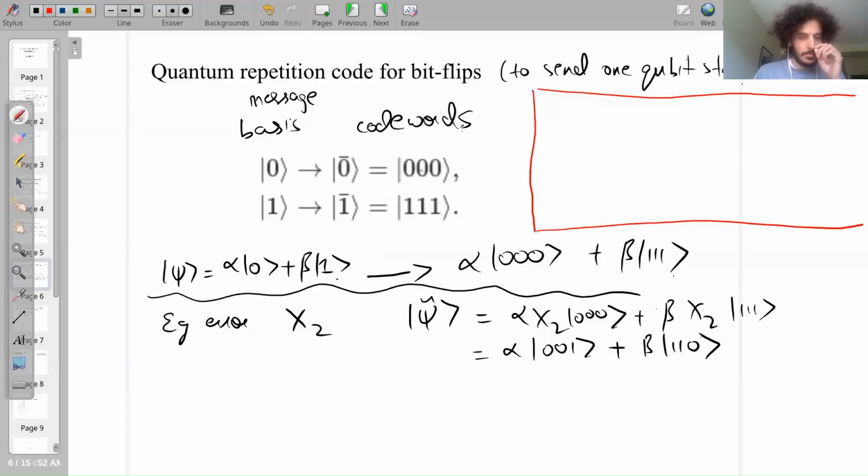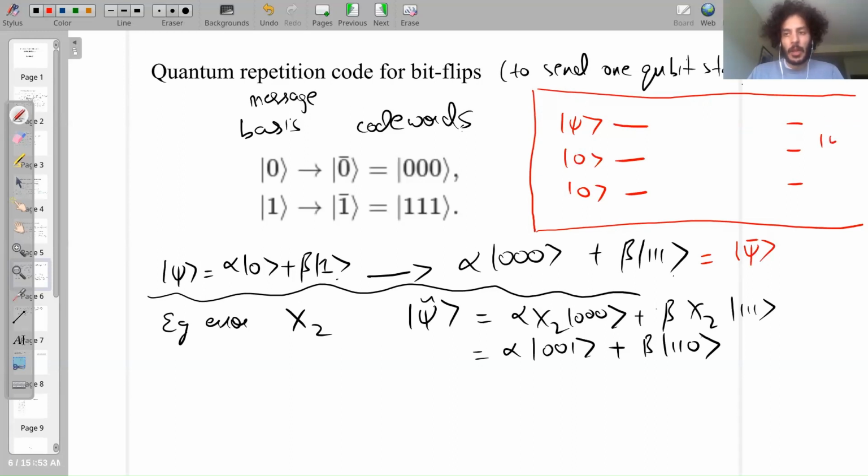So what I can think of is that I have some state psi, and I have two ancilla qubits in 0, and then I want to apply gates so that this is my psi bar, and what I want is psi bar over here.